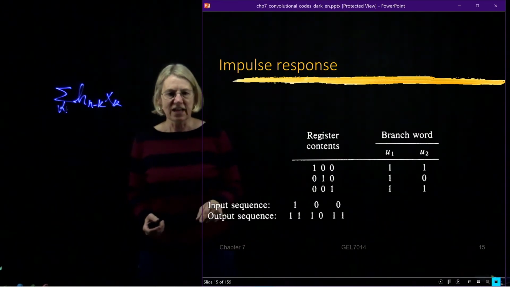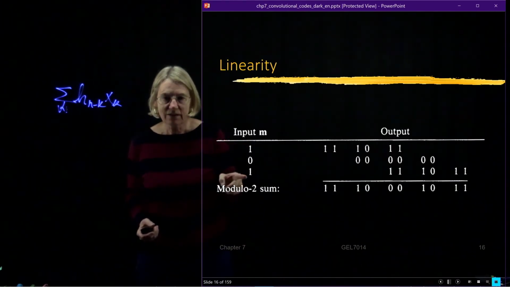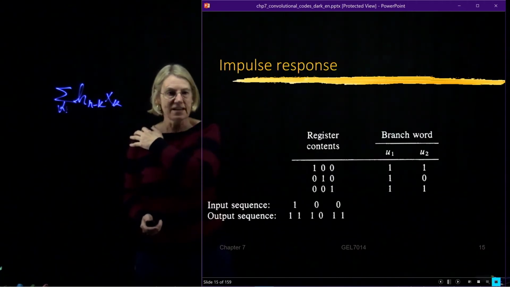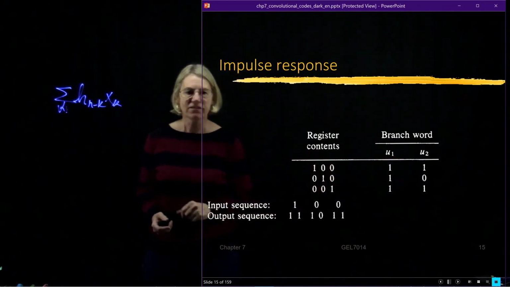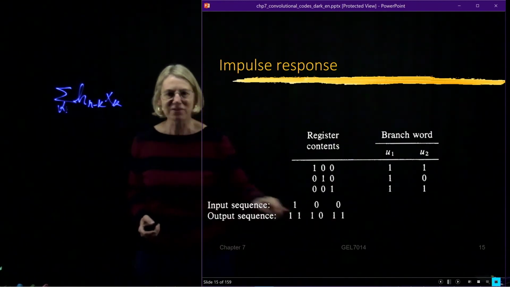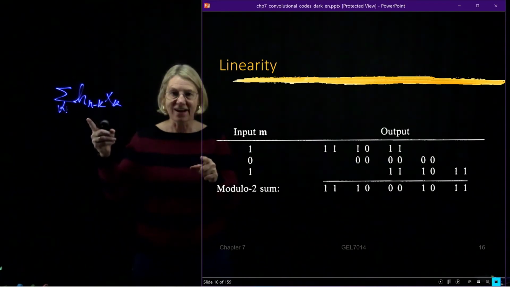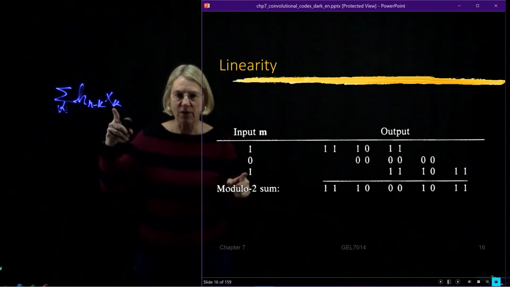Now, how can I take this input, 1, 0, 1, which is what we encoded earlier? This output sequence is the impulse response, and that's the information I have. How can I figure out the output based on this convolution representation when this is my x of k, 1, 0, 1?